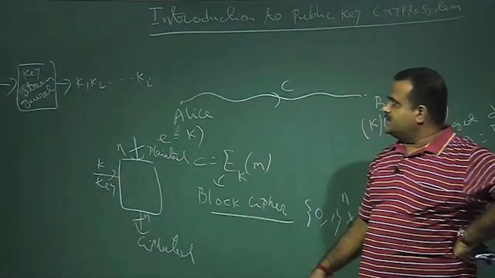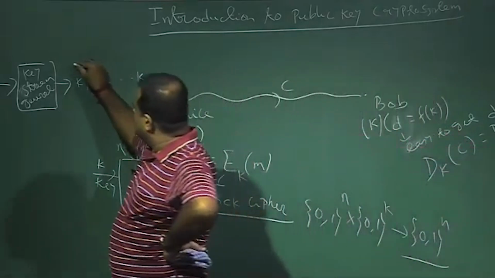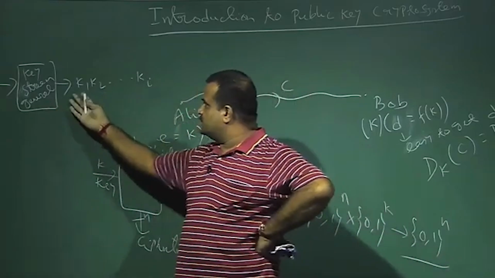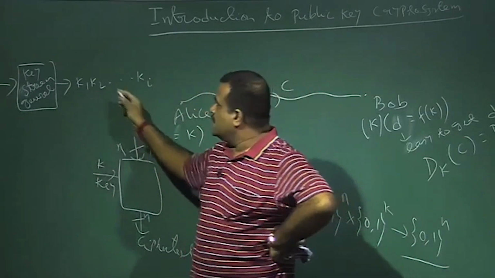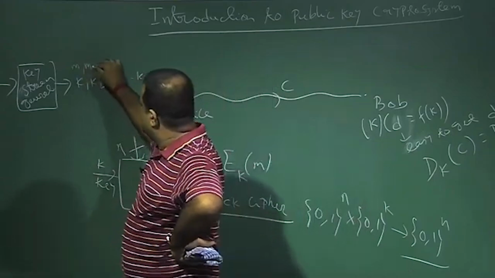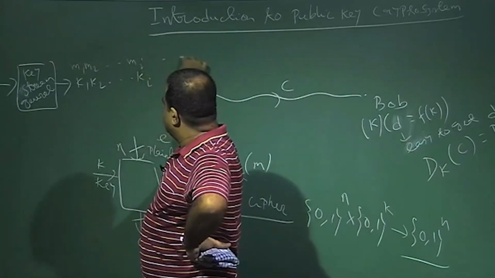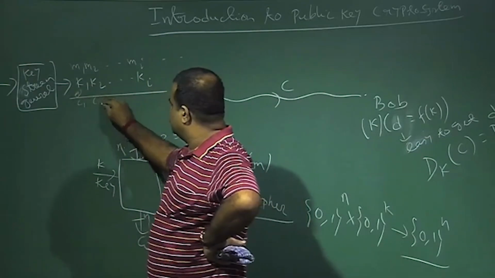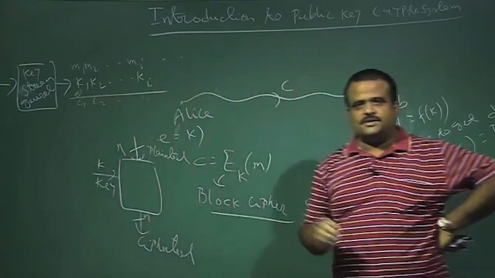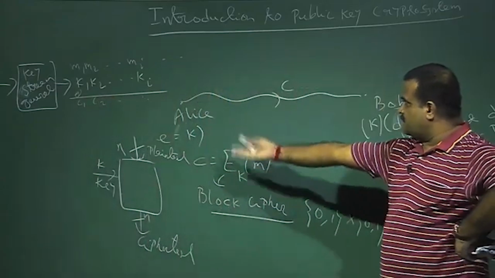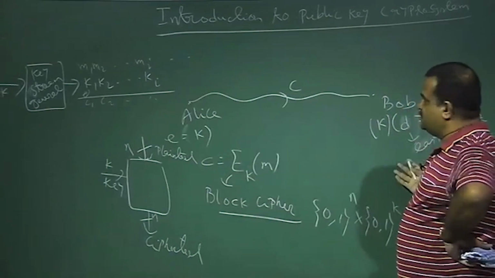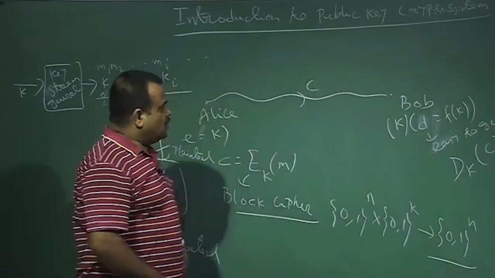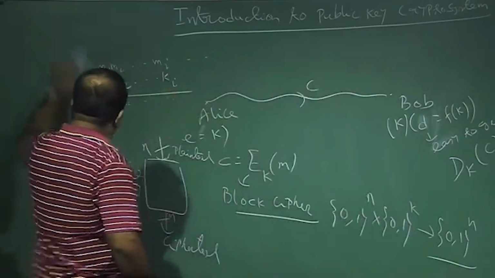From this key stream generator we get the key stream, and we have the message bit, and we XOR with it to get the ciphertext bit. So this is the stream cipher, which Alice can use. The same key stream generator has to be used by Bob in order to get back the message. Okay, so this is the symmetric key setup.